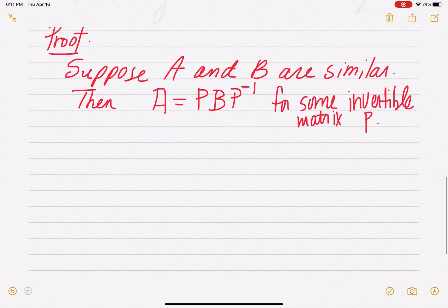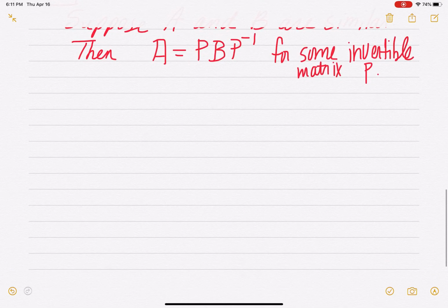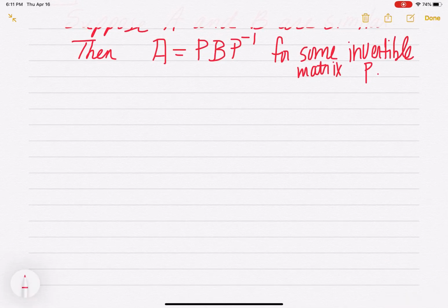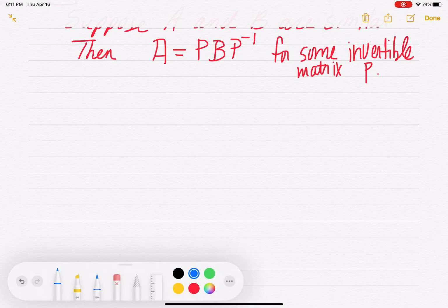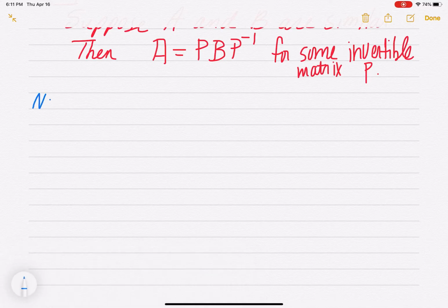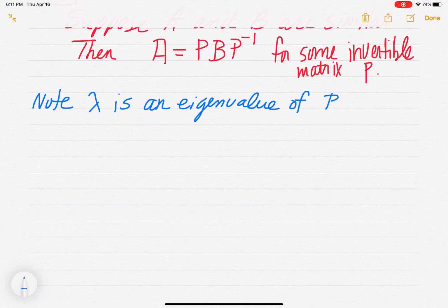Now I'm going to start with the eigenvalues of B first. So note, lambda is an eigenvalue of B if and only if what?